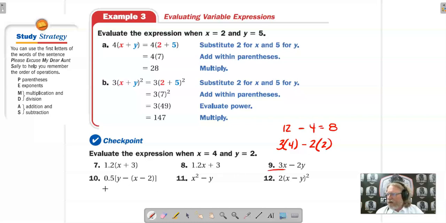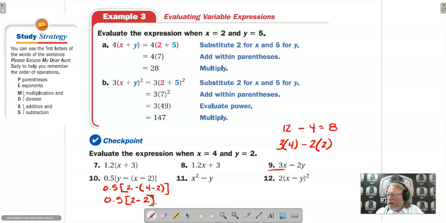And then finally over here, 0.05, and then in brackets, we're going to have y. Y is 2, and we're going to subtract from what's in parentheses. X in this case is 4 minus 2, and then our bracket. So we have to do 0.5, our brackets, 2 minus, and then 4 minus 2, in this case is 2.